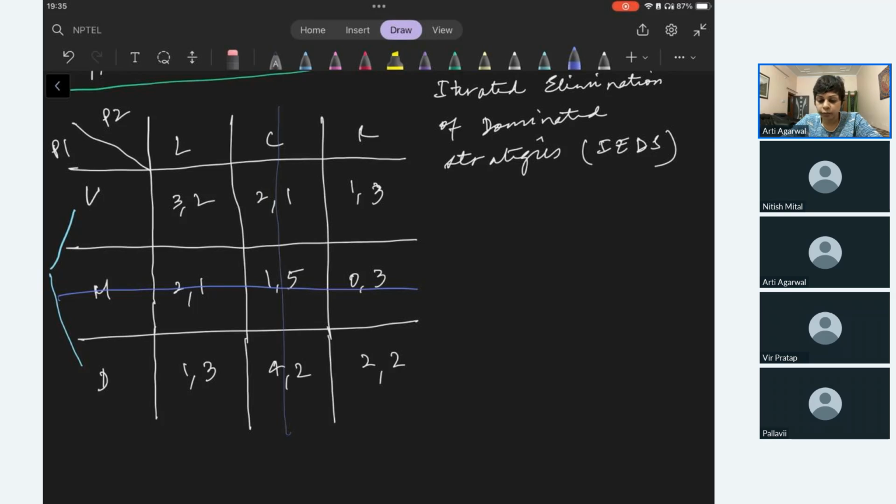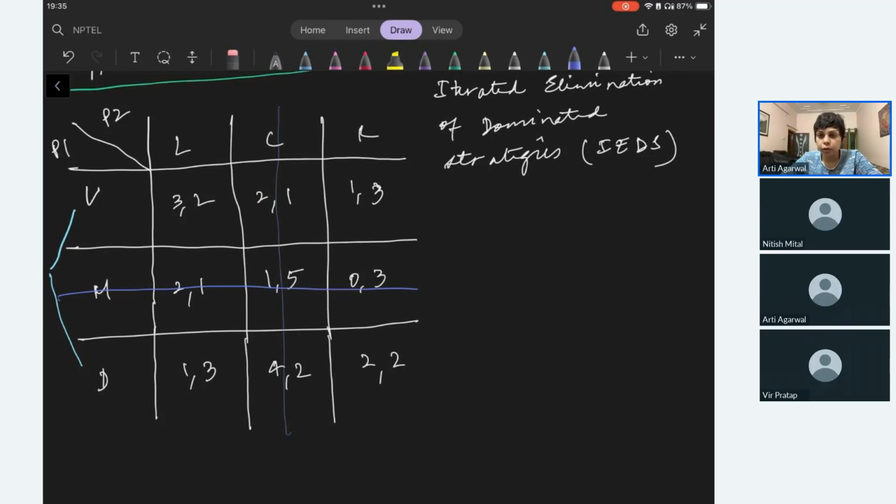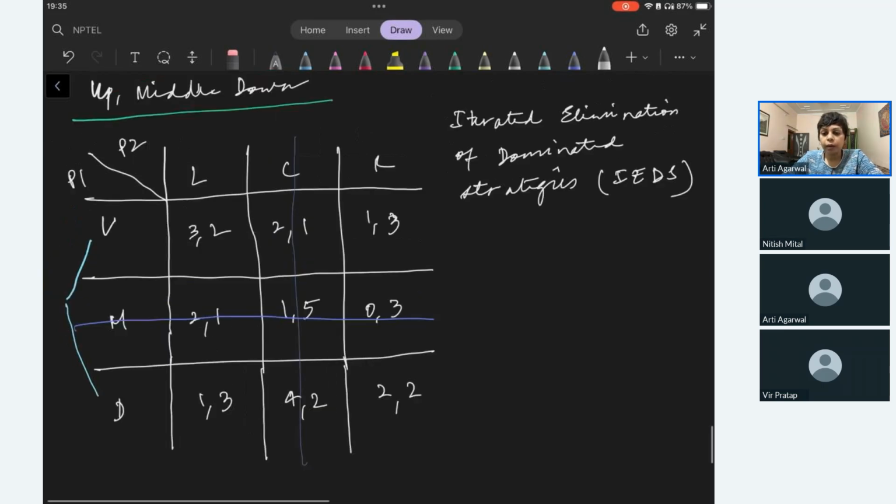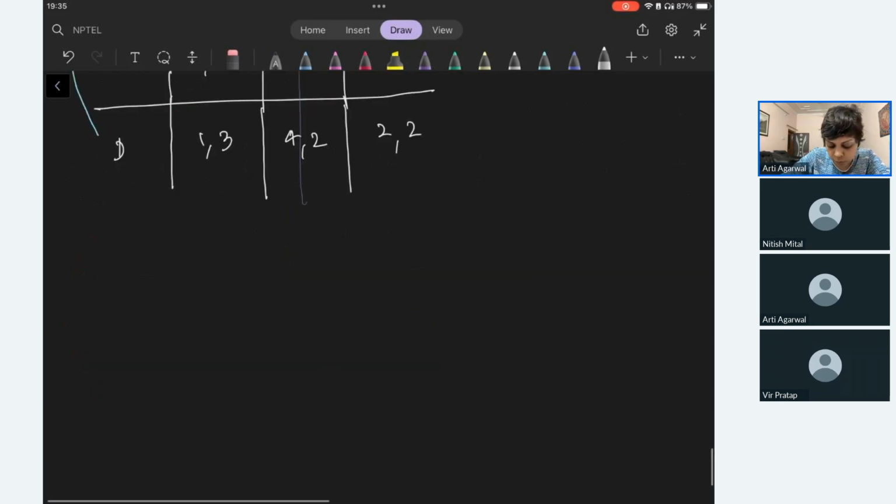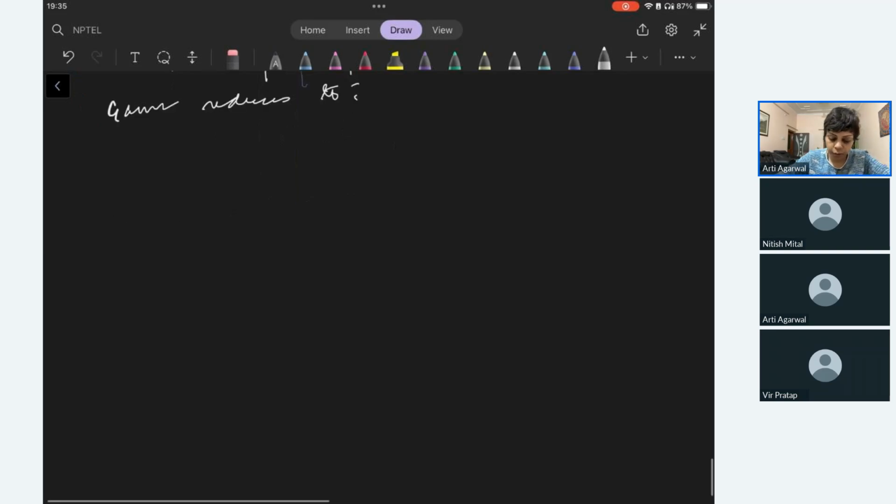P2 would not choose to play that strategy, it's not giving a good payoff. So essentially this game now has only two strategies left for each player. So this game reduces to, let me rewrite the new game.